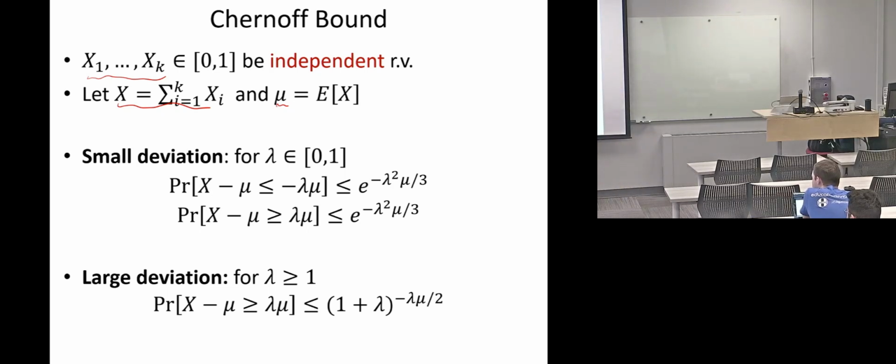It's the same thing here, but now lambda may be more than 1, can be like 10, even like log n. Here you get something exponential in mu as well, but the base of the exponential is now lambda. So not just e, the base of the exponential also grows with lambda.